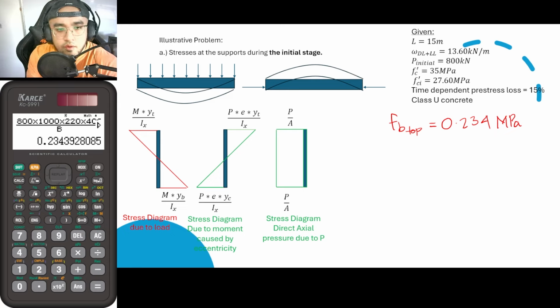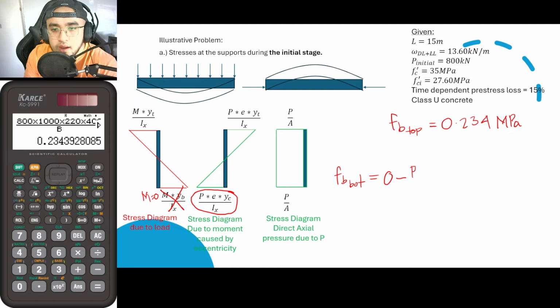Again for FB bottom, the moment term will also cancel out since the moment there is equal to 0, leaving the pre-stressing action. So FB bottom is equal to 0 minus, since this one is under compression, P times E, where P is 800,000.